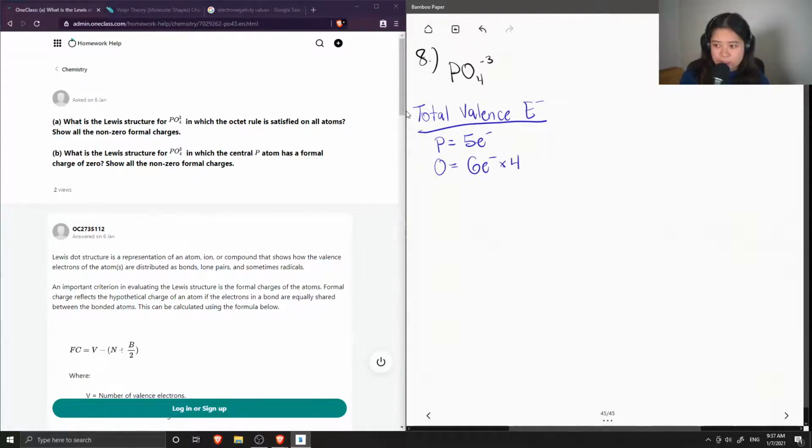So we multiply 6 by 4. And there's also a minus 3 charge, so we add an additional 3 electrons. So this gives us a total of 32.